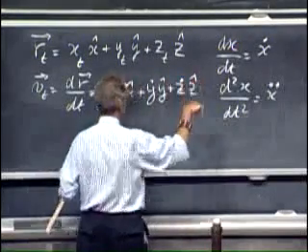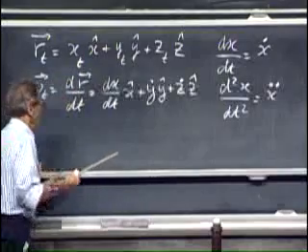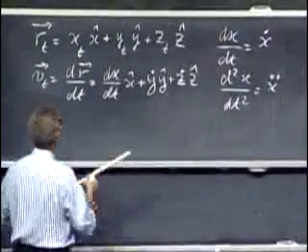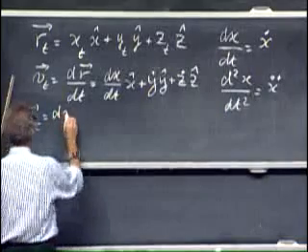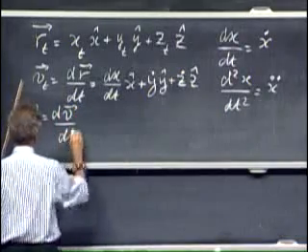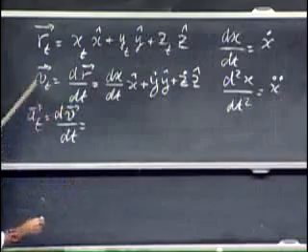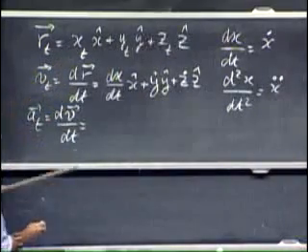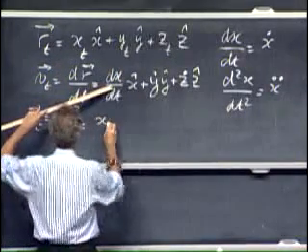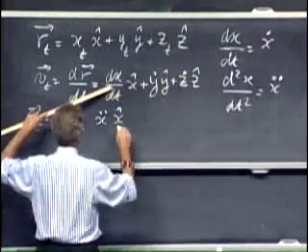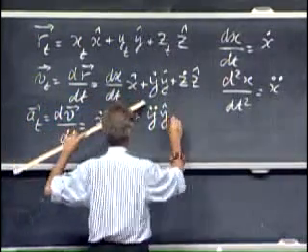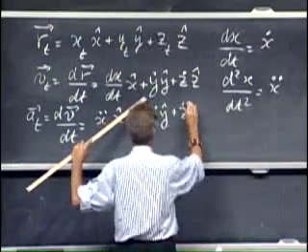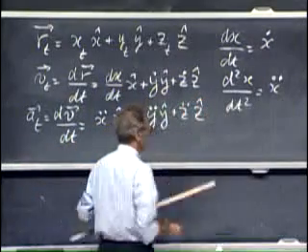So z dot is dz/dt. What is the acceleration as a function of time? Well, the acceleration equals dv/dt. So that's the second derivative of x versus time. And so that becomes x double dot times x roof plus y double dot times y roof plus z double dot times z roof.